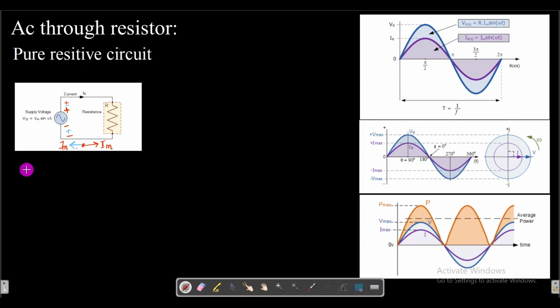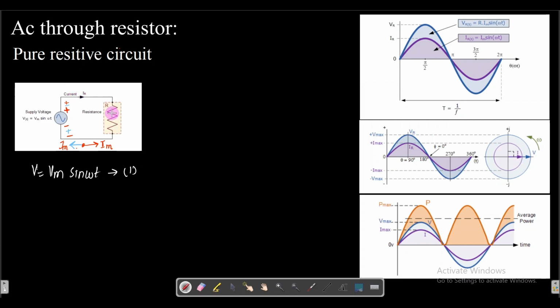Now we have to go for the mathematical interpretation. We know the supply voltage is given by the formula V equals Vm sine omega t, and let's call this equation 1. That supply voltage is responsible for the current, and that alternating current will pass through this resistor.